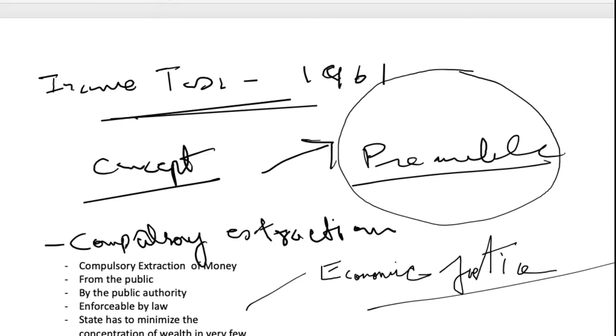So what exactly is the tax? The objectives of tax are fourfold in nature. Let's see. What are the objectives of a tax?